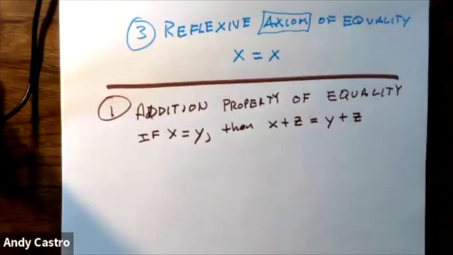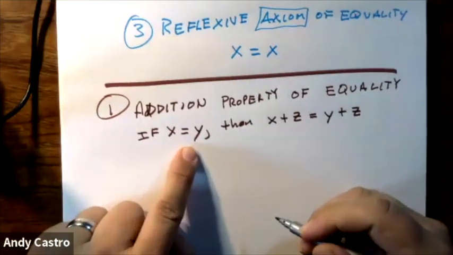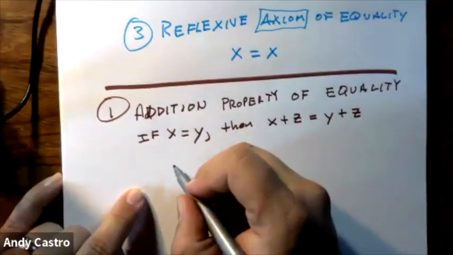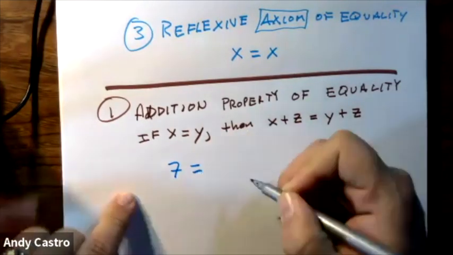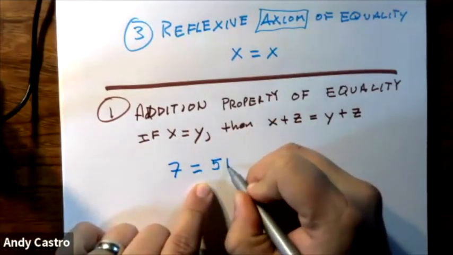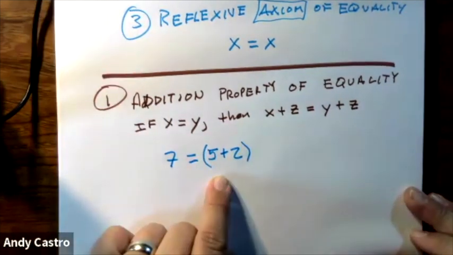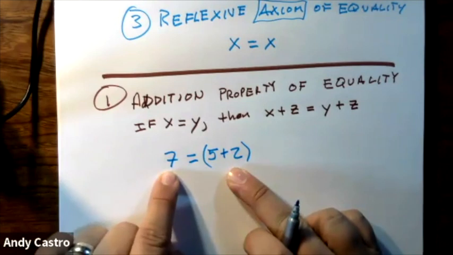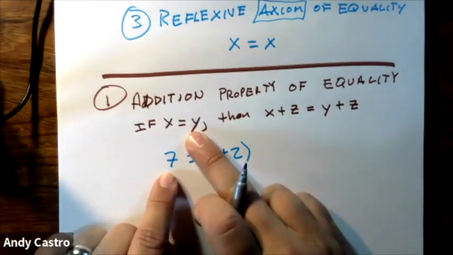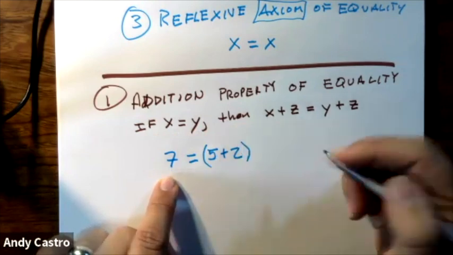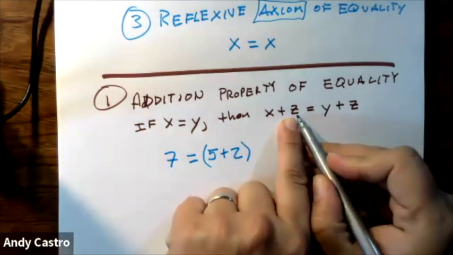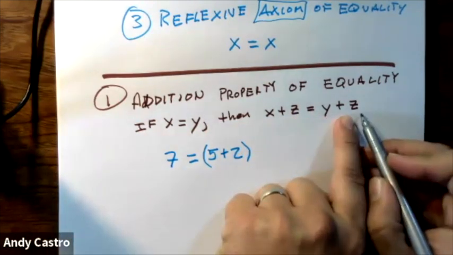So let me give you an example. If x is equal to y, let's say x is 7, and let's say y is 5 plus 2. Those two are equal to each other. 5 plus 2 and 7 are equal to each other. So we know that x is equal to y. Then x plus z is equal to y plus z.